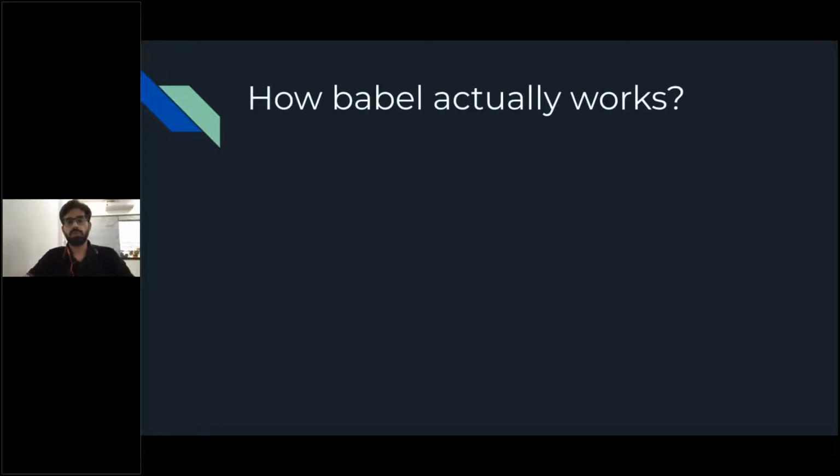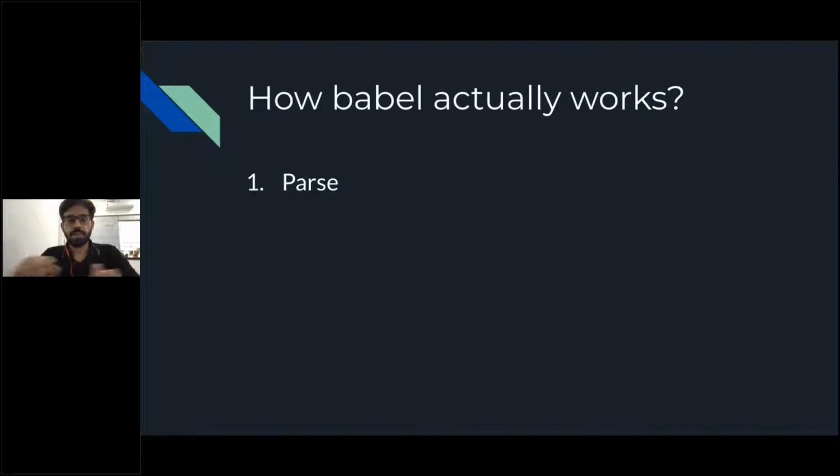So how does Babel actually work? This is also important for us to understand because we'll have to somehow integrate our plugins. We should know at what point Babel will actually use our plugin. To make Babel understand where we want the plugin to operate, we should know the steps involved when Babel starts compiling our code from higher JavaScript to lower JavaScript, which should be easy for the browsers to understand.